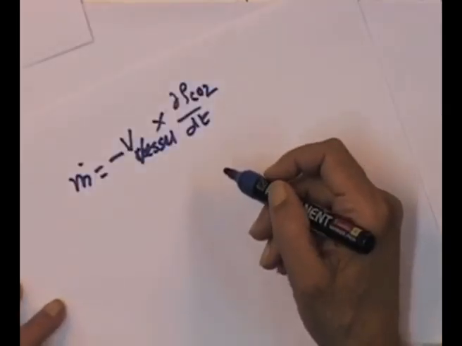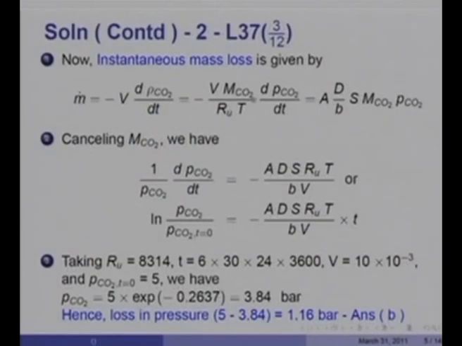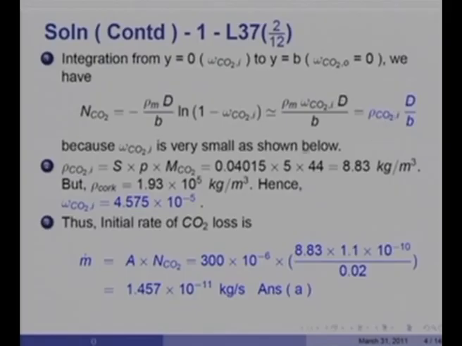So, that you get that, and rho CO2 from the ideal gas law would be simply minus V m CO2 divided by Ru T dP CO2 by dt, that is replacing rho CO2 in terms of m CO2 P CO2 by Ru T, and that would equal, as we said in the previous slide, A into D by B into omega 2 S into m CO2 P CO2 I, which is the density of CO2 on the inside surface of the cork.